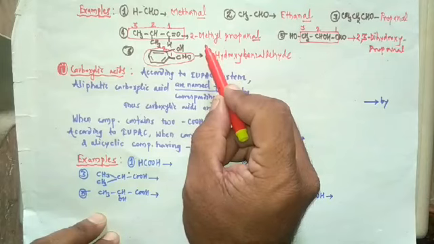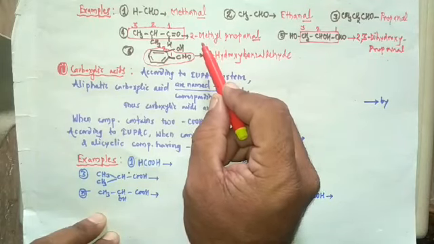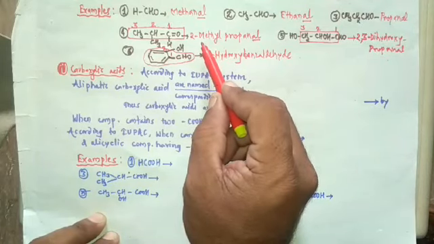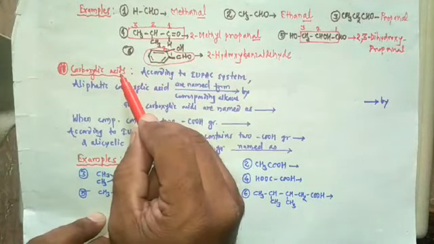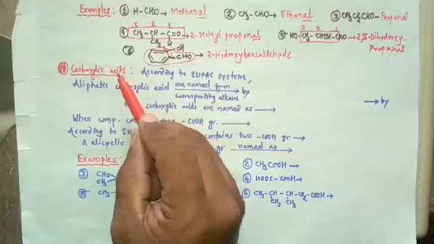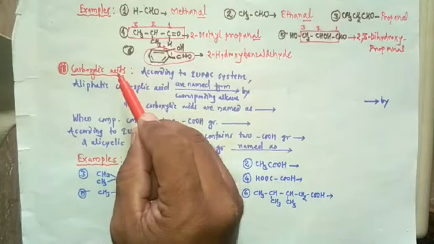After studying in detail the IUPAC nomenclature for aldehydes, now we are going to study the next article, and that article is IUPAC names of carboxylic acids.